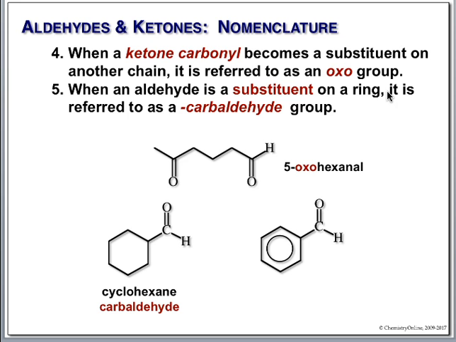This is our friend benzaldehyde. We've used it several times. Again, this is a carbaldehyde derivative of benzene. So we start off with benzene as our parent. We're simply going to put carbaldehyde on as our substituent. And again, this is benzaldehyde.